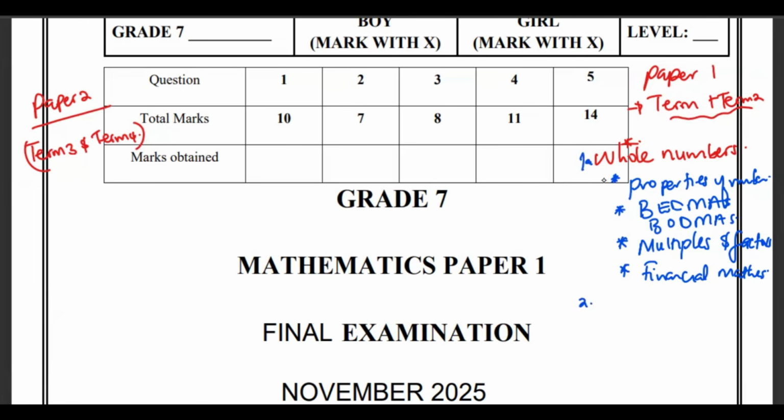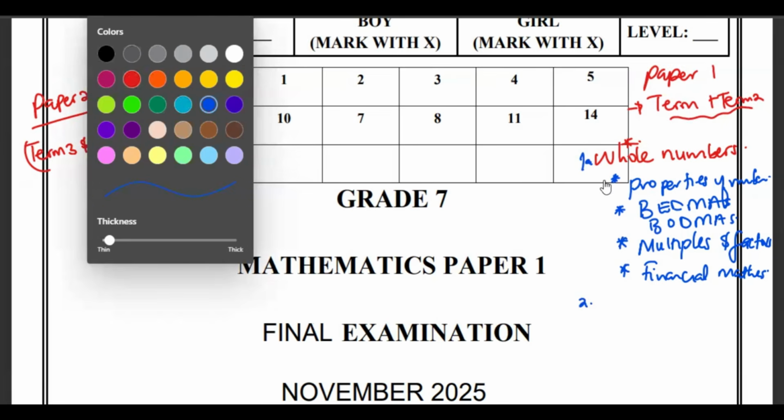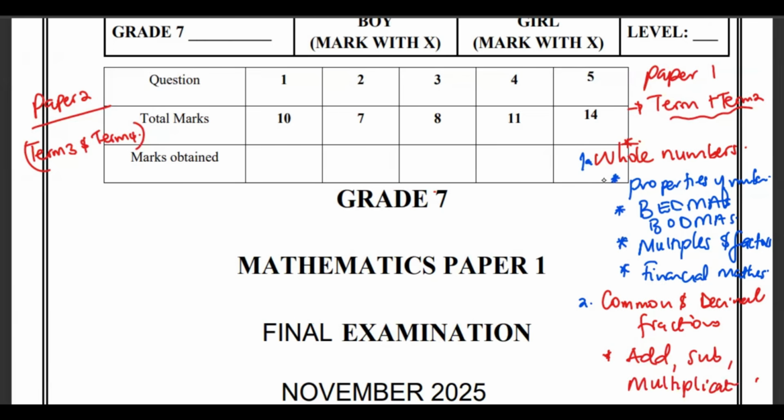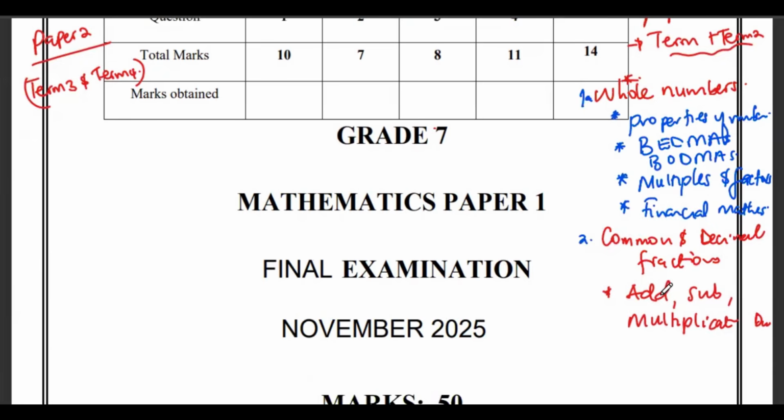Topic number two is what we call the common fractions. I'll say common and then decimal fractions, because it's just one and the same thing. Under the common fractions, you need to know how to illustrate, how to do the addition, the subtraction, the multiplication, and the division of these fractions, the decimals as well as the common fractions.